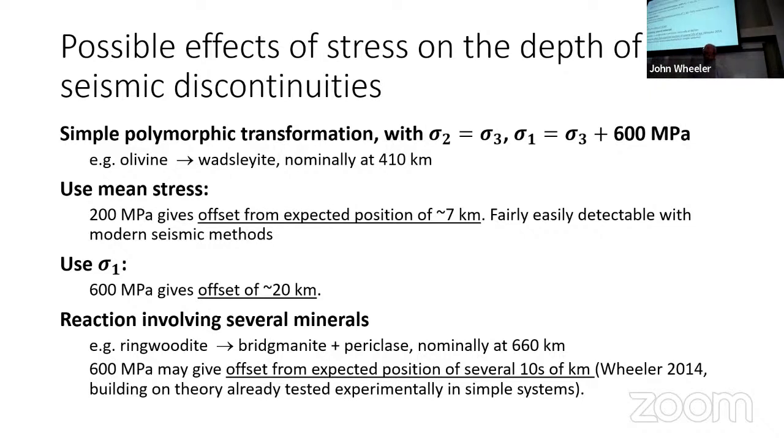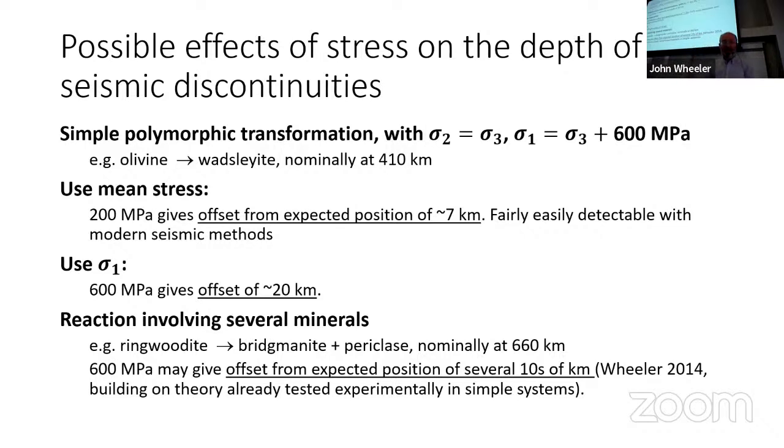That idea needs to be explored more. But that's for a polymorphic transformation. If we go into this more bizarre prediction where we've got reactions involving several minerals, the offsets might be even more. So we need to expand on that theory and expand on experiments that might test that theory.